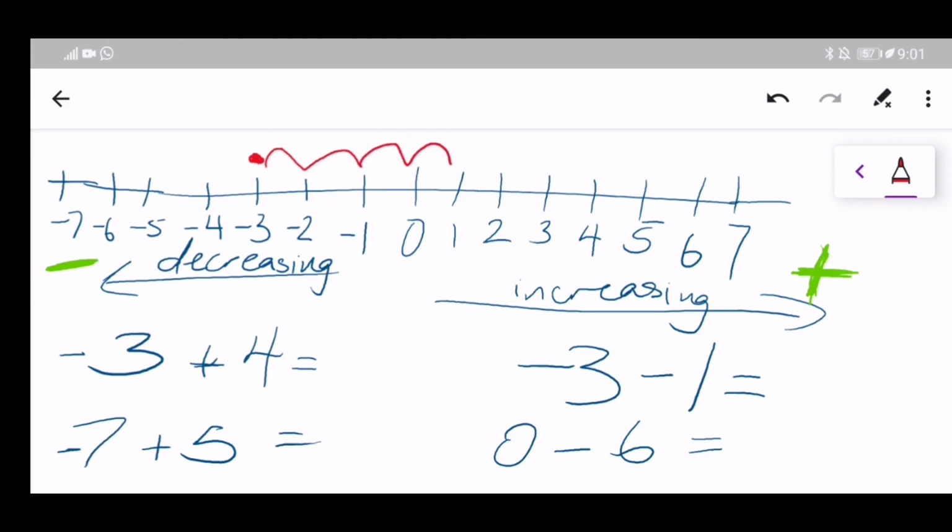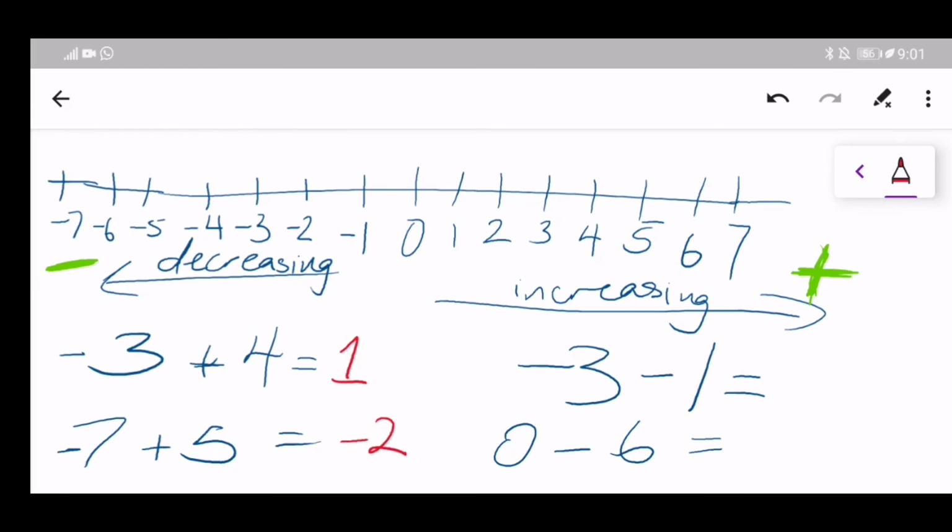So minus 3 plus 4 is 1. Let's look at negative 7 plus 5. We're starting at negative 7, and you're going in this direction because you're adding 5. So 1, 2, 3, 4, 5. The answer will be negative 2.